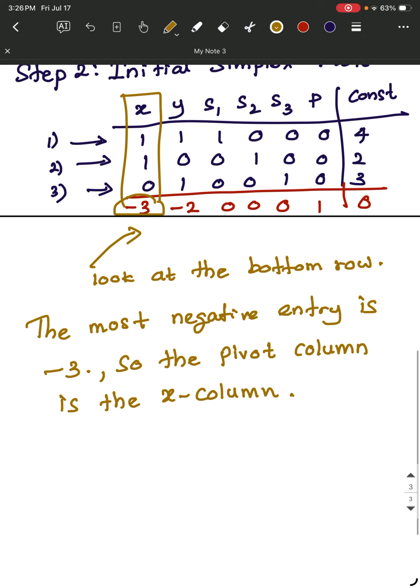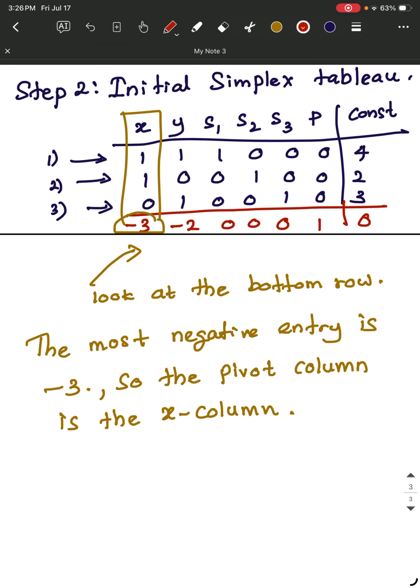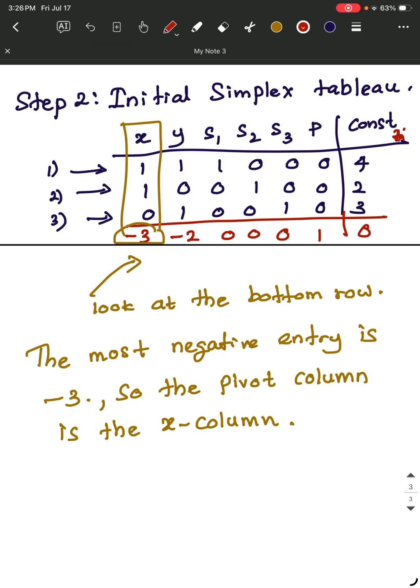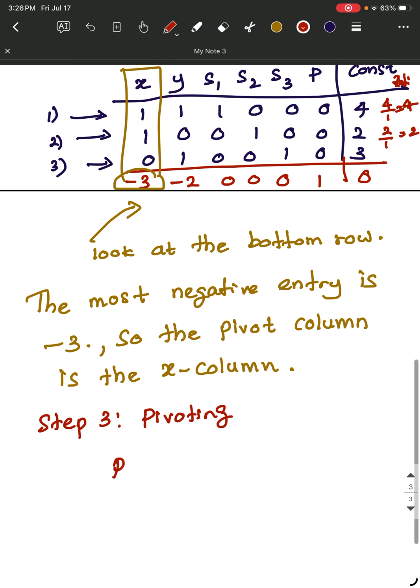Next, we compute the ratios using the positive entries in the pivot column. The ratios are 4/1, 4, and 2/1, 2, right?